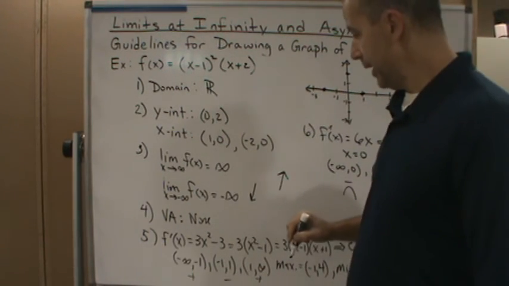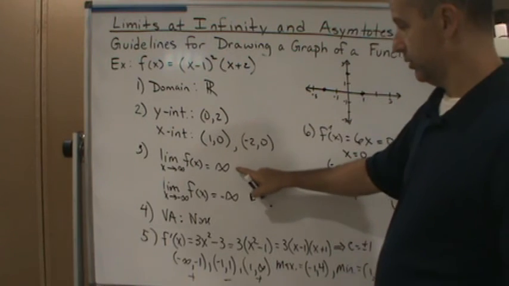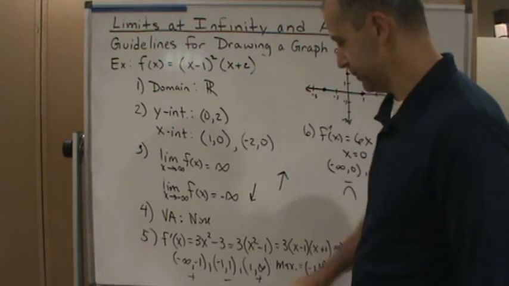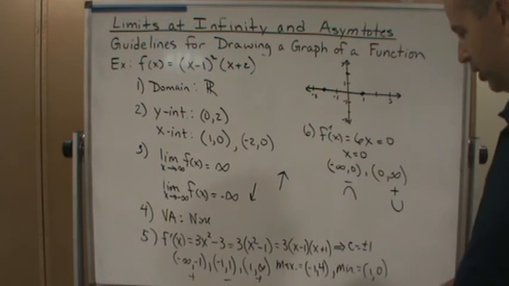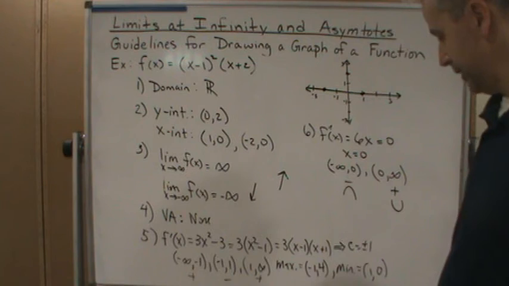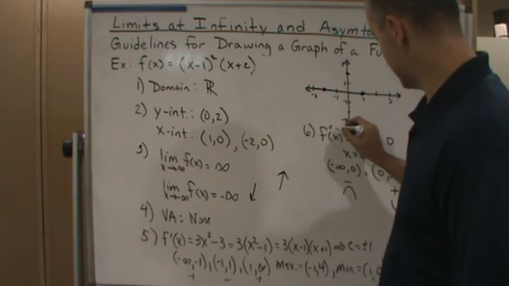Now, I know it's going to go up to the right and down to the left. There are no vertical asymptotes. And I know that there's a maximum point at negative 1, 4. So let's do that one. Negative 1, 4, which is down here.